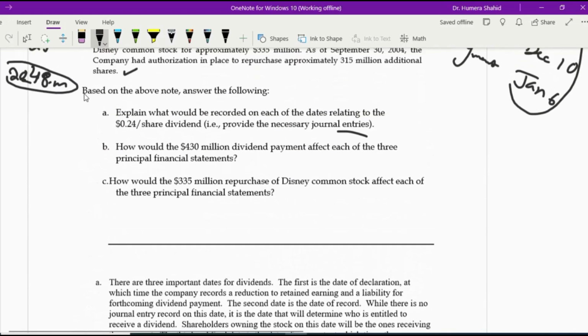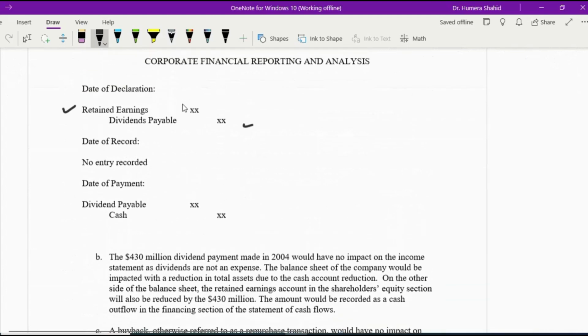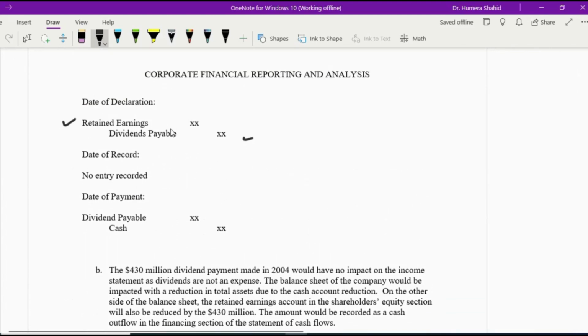I gave you the number of shares, that is 248 million, and each share dividend is 0.24. So we calculate the amount multiplied by 0.24. If you take the rounded figure, that will be 492. So this is the amount which you will record as a debit to retained earnings, and dividend payable gets credit.